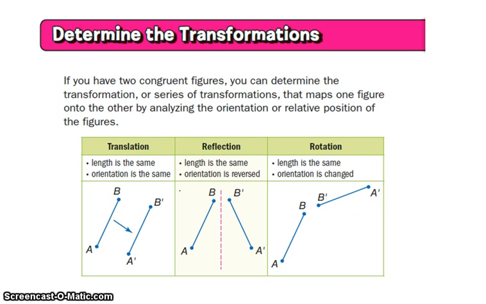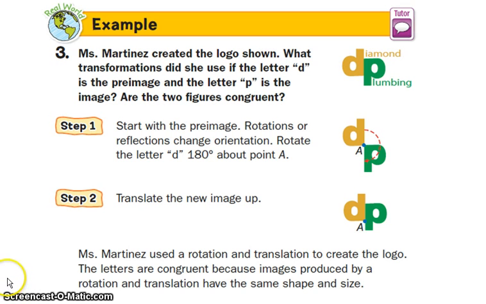So let's see if we can figure one of these out. Let's take a look at an example. Okay, example 3. Ms. Martinez created the logo shown. What transformations did she use if the letter D is the preimage and the letter P is the image? Are the two figures congruent? Okay, so if we take a look, here's her D and her P. We want to know, are these two figures congruent?